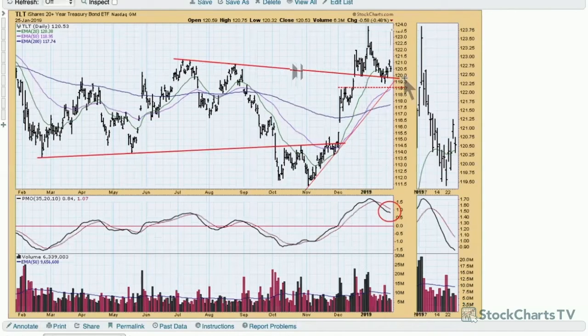The head and shoulders looks kind of good right now, and I noticed that the daily PMO didn't quite get moving higher. It looked like it was going to bottom, but it didn't, and it's moved lower. Even off of a rise from 119.50 all the way to 125, we didn't see the PMO turn up.